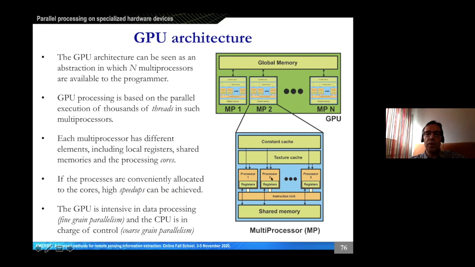In each multiprocessor, you can see we have the cores, the processing cores, and we have different memory levels. We have the registers associated to the cores. We have some local memories like the constant cache, the texture cache, and particularly the shared cache memory. So if we are able to make the cores in each multiprocessor work only with data that are stored in the local memory, in the shared memory, we are going to have very fast processing, because the cores are very specialized. They are generally designed for matrix or vector operations.